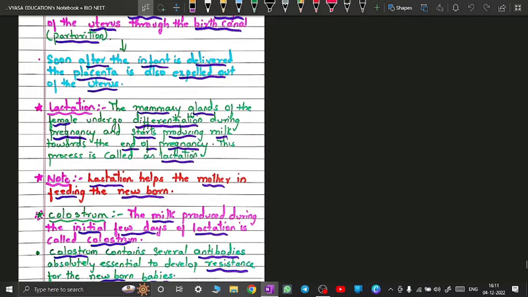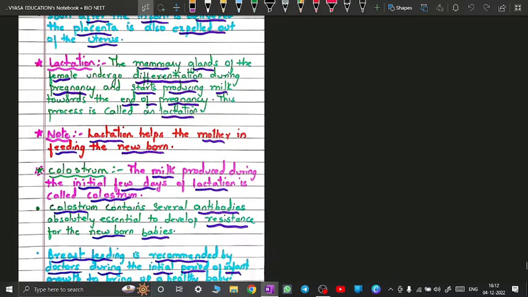The mammary glands of the females undergo differentiation during pregnancy and start producing milk towards the end of the pregnancy. This process is called lactation. So this can also be asked for 1 mark. There is a note here. Lactation helps the mother in feeding the newborn.